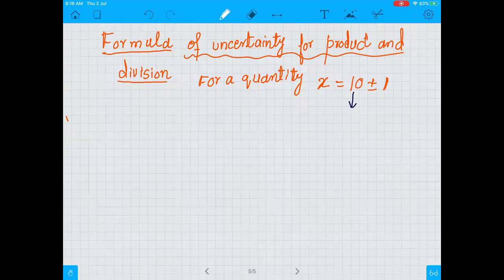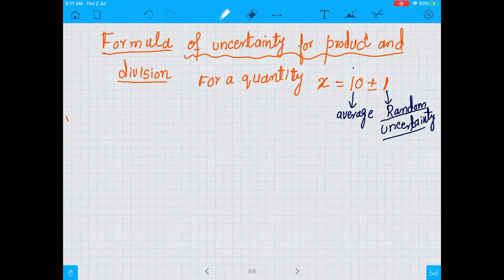This 10 is the average of data and this 1 is the random uncertainty. And when we state the values, there are no systematic uncertainties because they are already being corrected.